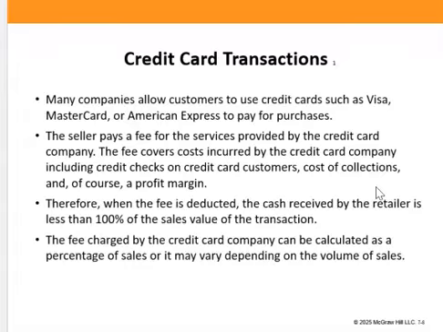But if we pay by a credit card, it's actually costing the company that we're purchasing from money. They have to pay a fee every time a bill is paid by a credit card with them.